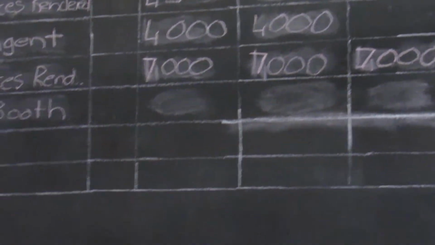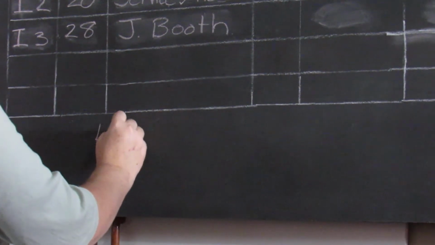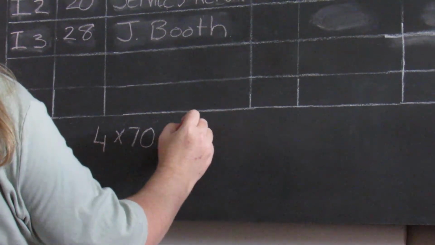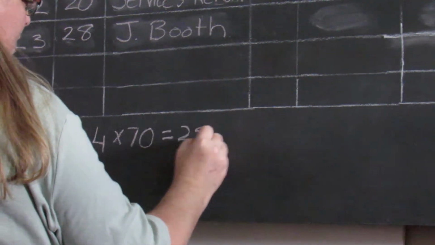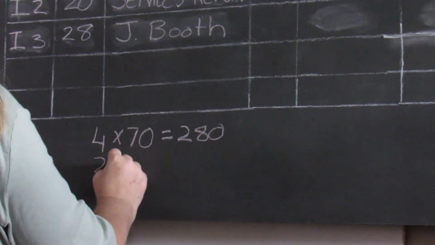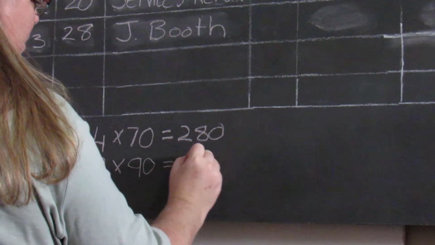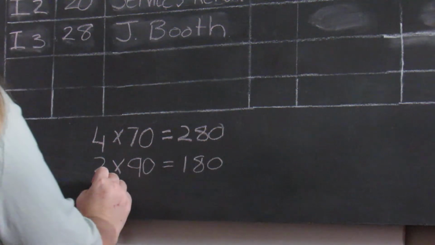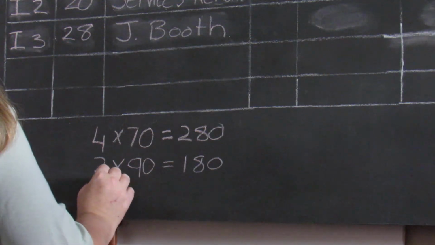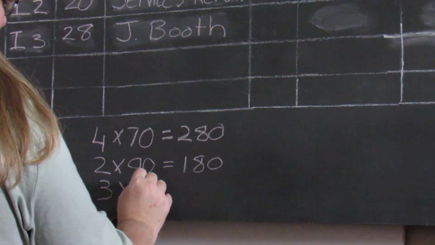So let's see now. 4 rooms were done at 70 Rand a room. So that gives us 280 Rand. Then 2 lounges were done at 90 Rand each, which gives us 180. And a 3-seater couch and 2 chairs were done. So that makes a total of 3 furniture pieces at 35 Rand each.